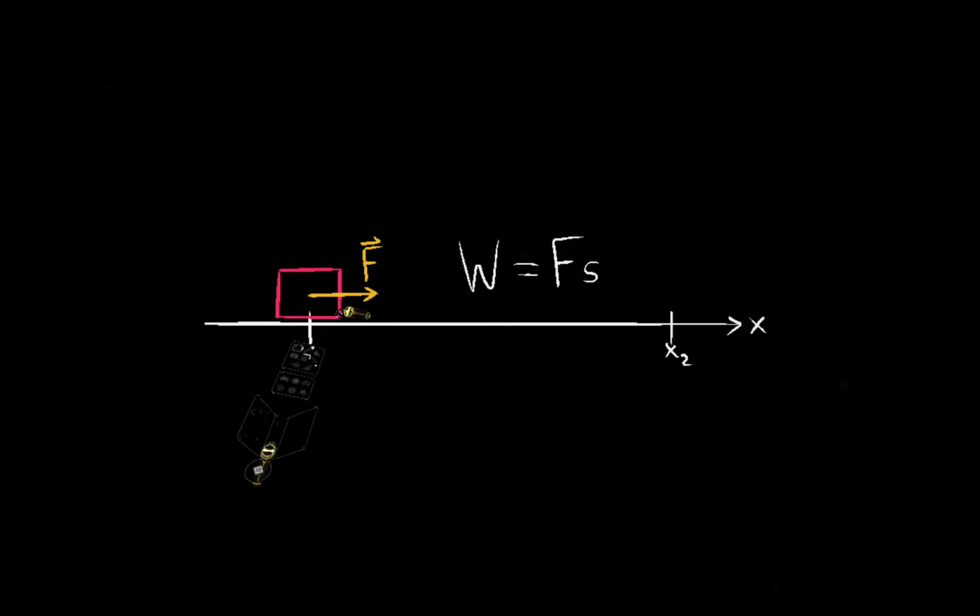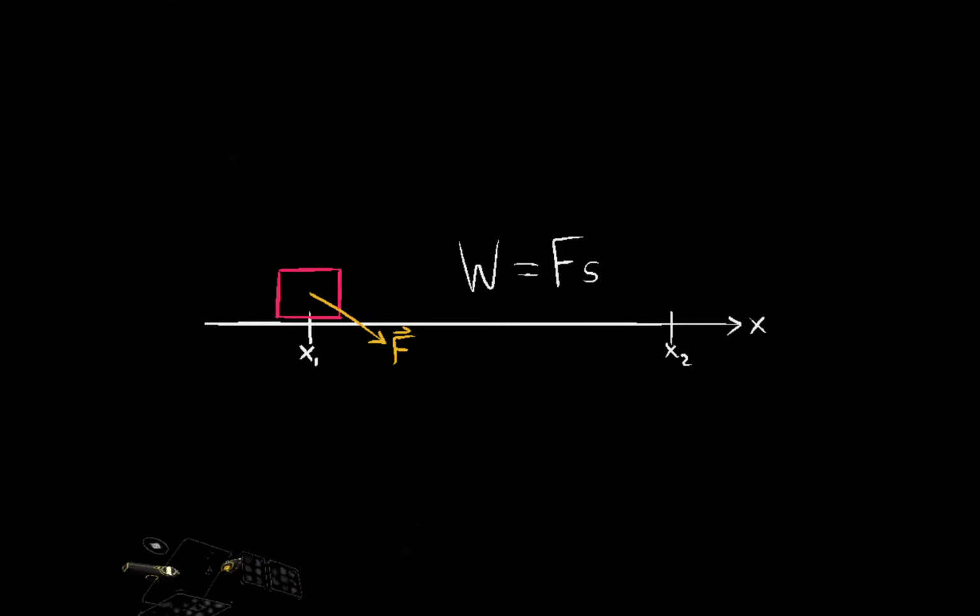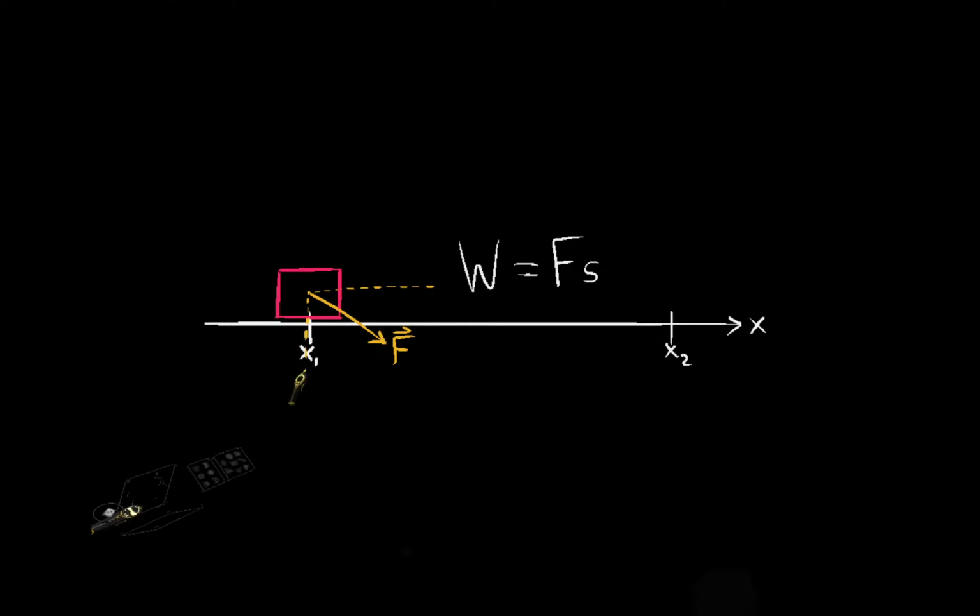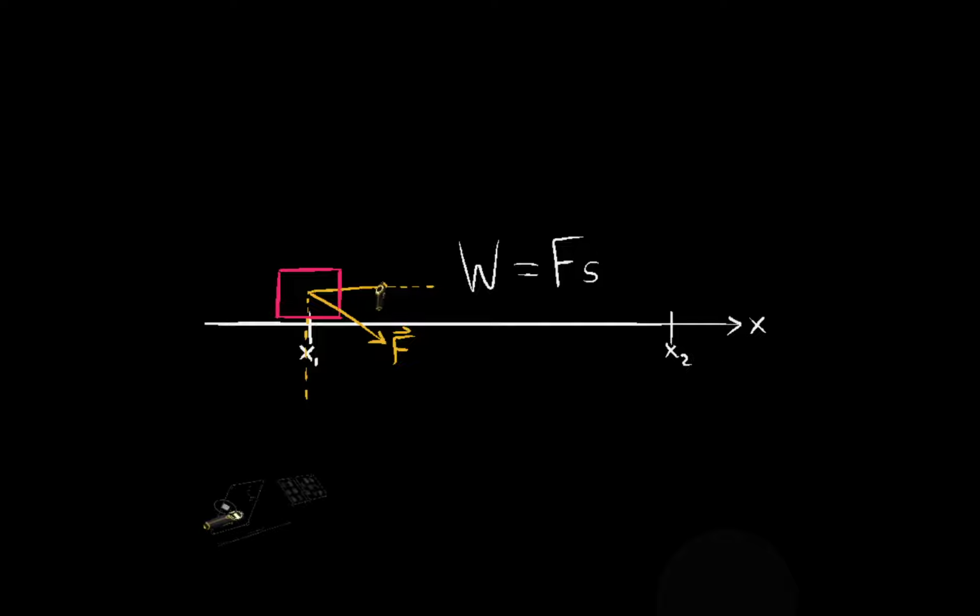But what if instead we had a force that was a little bit off from exactly in line with it, right? So what if we were kind of pushing down on the box? So we're leaning over and we're pushing down on the box like this. Well, it's only the component of the force that's in the x direction that counts. So, right, we can figure out our components just as always, and we only care about this component.